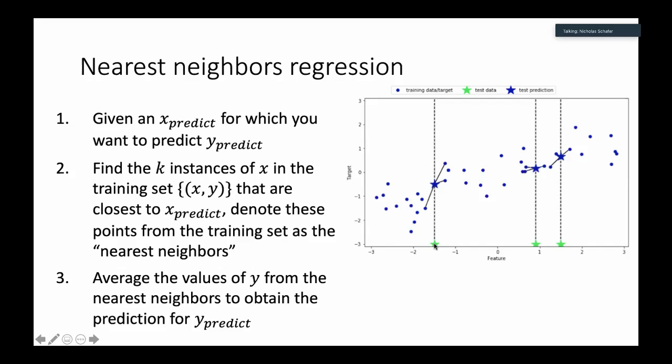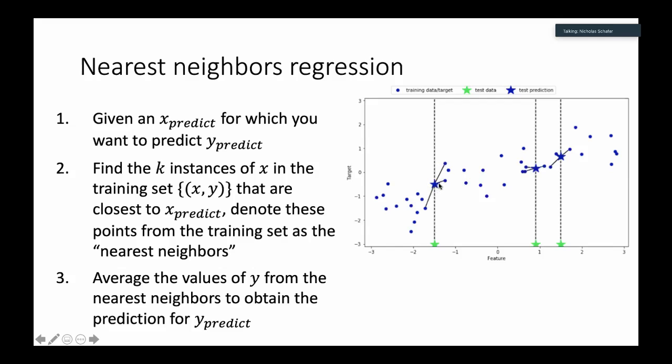So the procedure on the left says that we should go into the training set and find the training data points that have the values of x that are closest to this new point, okay? And that's what's shown with the lines here. Basically, if you start a search outwards along the x-axis, you run into this point, and this point. So those are our, in this case, k equals 3 nearest neighbors.